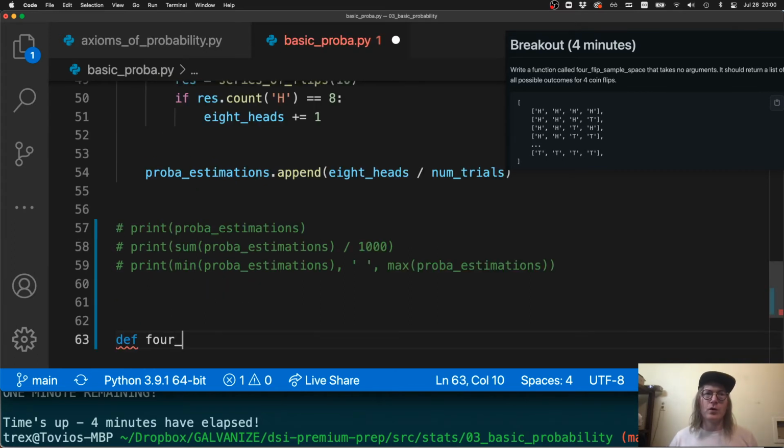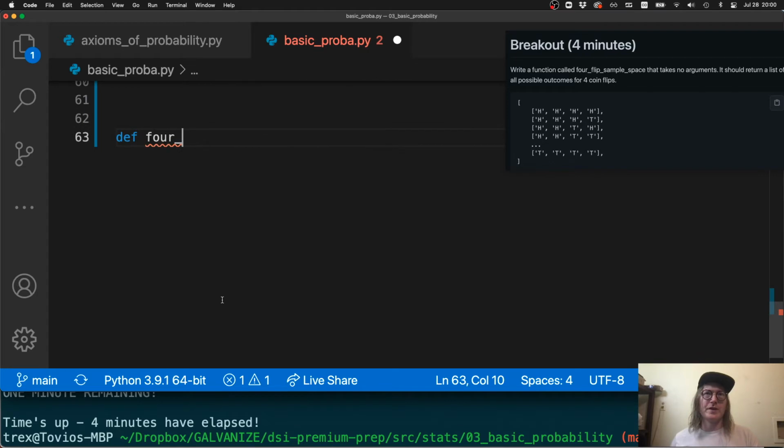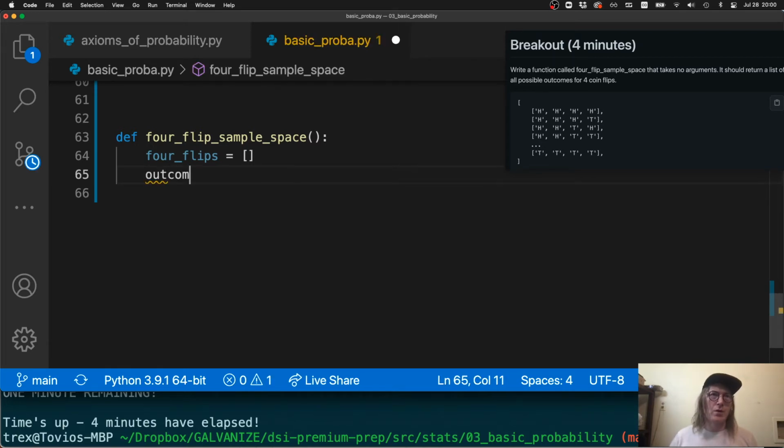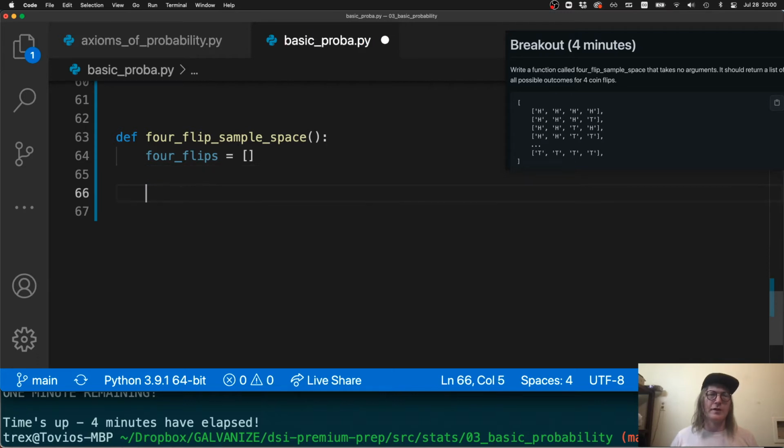I can say for flip sample space, it doesn't take any arguments, it's just going to return a list. So I'll just call this four_flips.